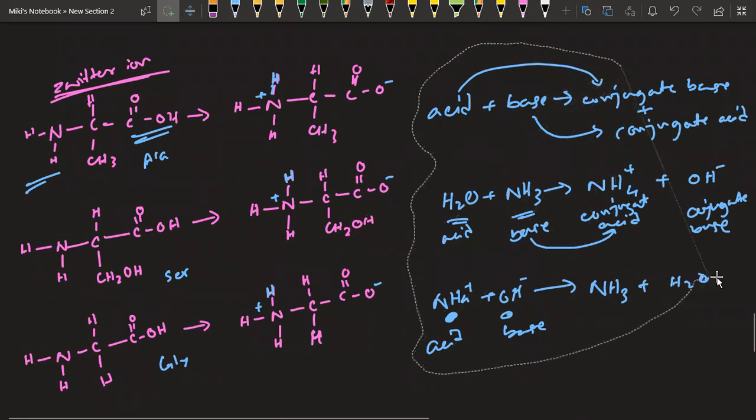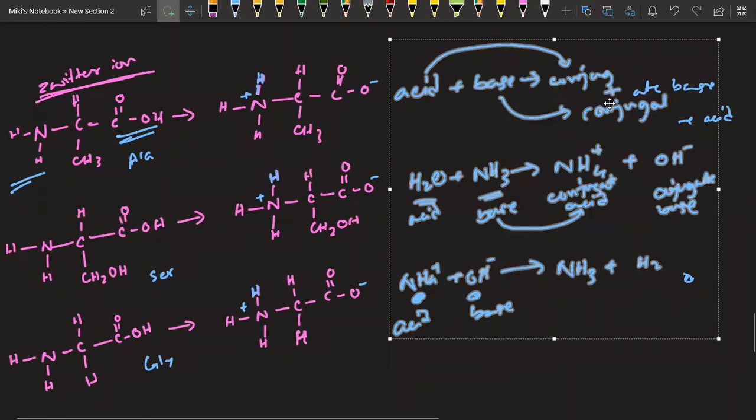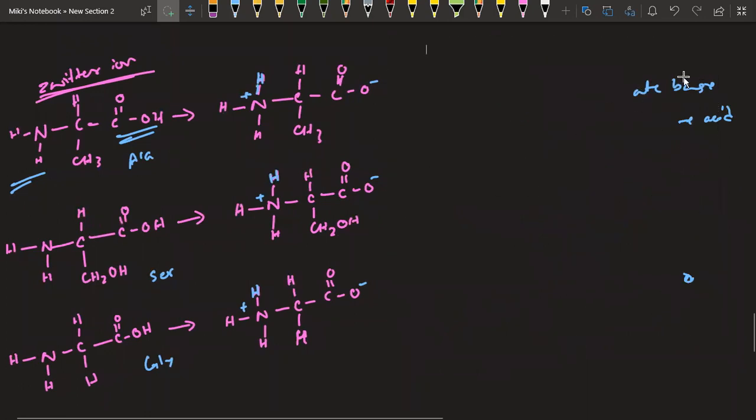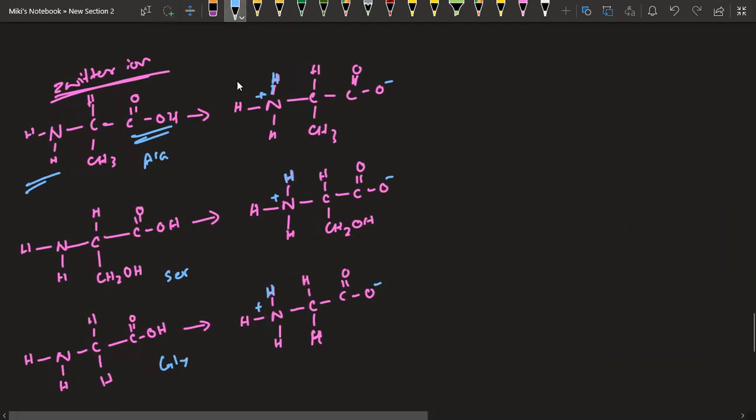Now, why I mentioned it here is basically, let me clear this up. I was saying that a better approach is to think of it in that way. So over here, after forming Zwitterions, this is the carboxylic acid. This is the acid part, and this is the basic part, I mean the base.